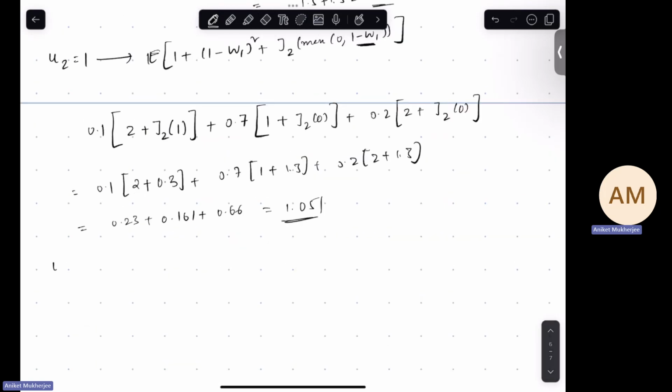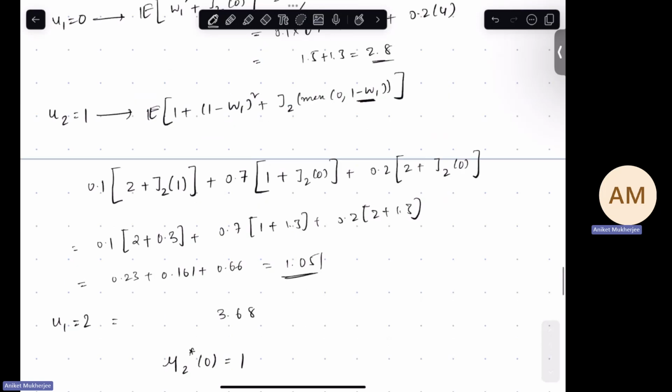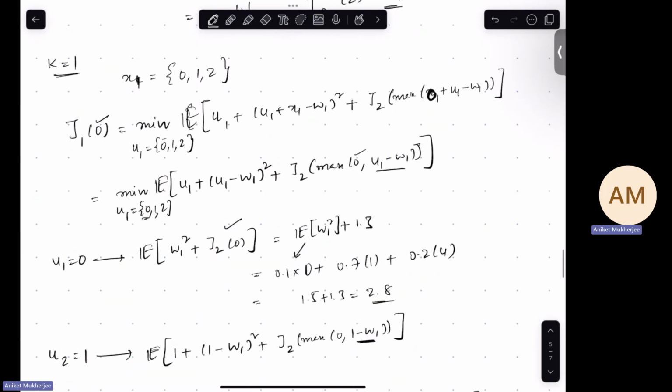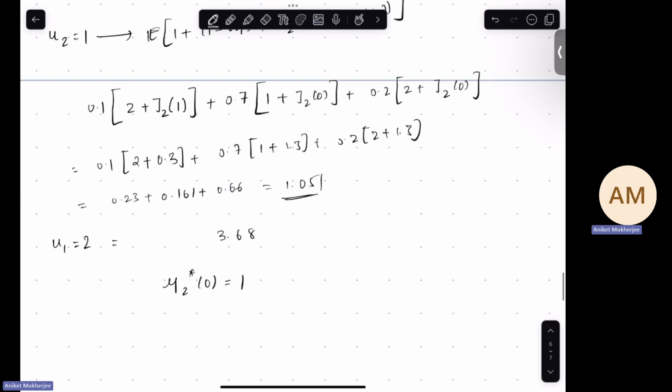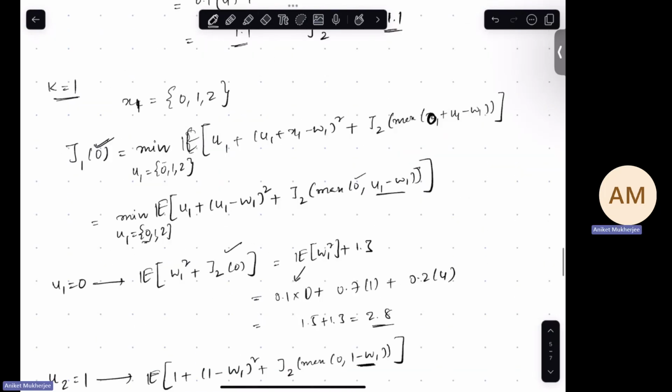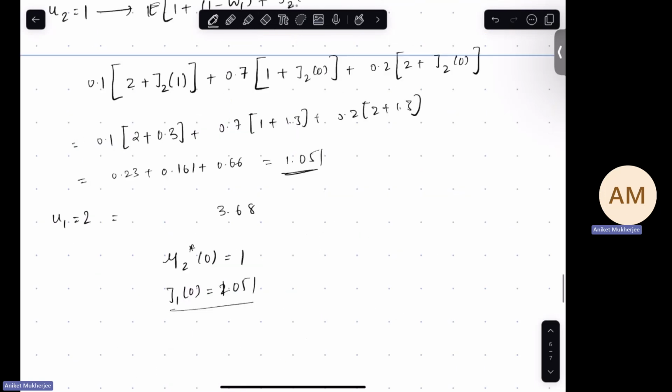Similarly, if you calculate in the same way for u1 equal to 2, you'll get 3.68. So mu 1 star 0 is basically 1. Yeah, we are doing it for state 0, and J1 0 equal to 1.051. Okay, in this manner, you have to continue, keep on calculating for all states.